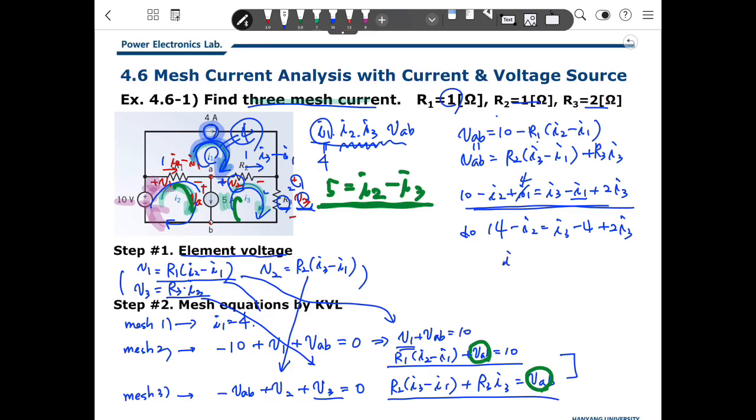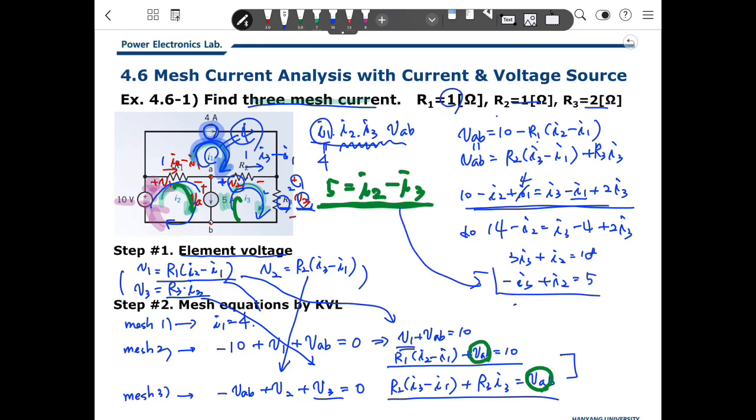So 3 I3 plus I2 will be 18. I'm sorry, here. And we got here minus I3 plus I2 will be 5.